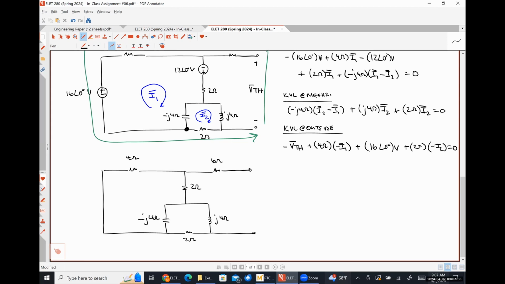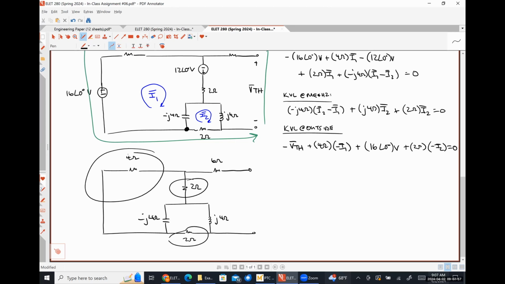So the parallel thing isn't in parallel because of that 2 ohm resistor down there, right? So we can't say that the minus J4 is in parallel with the positive J4. So there's no way to combine those. This 2 right here isn't in parallel with this 4 because of how things are broken up.